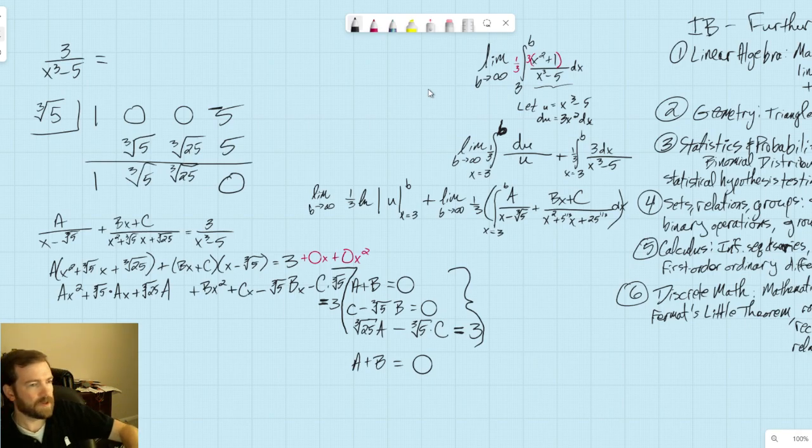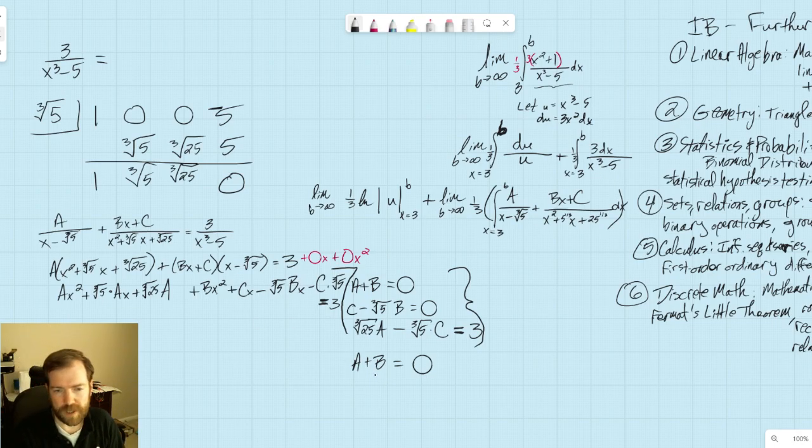All right, we're going to be doing a little bit of linear algebra here in order to solve a simple system of equations. So, simple. So here we've got negative cube root of 5 times b plus c is equal to 0.